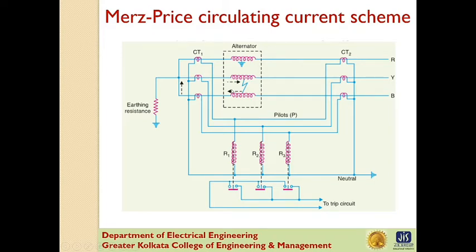Now the currents in the secondaries of the two CTs in each affected phase will not be equal, and the difference in current will flow through R2 and R3, because R2 and R3 are connected between phase Y and neutral and phase B and neutral respectively.